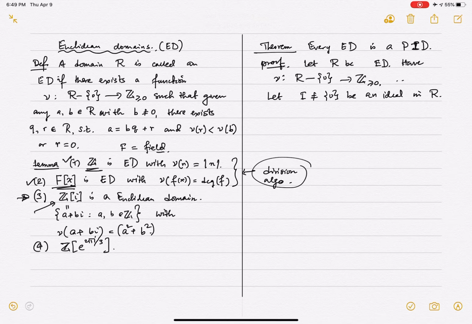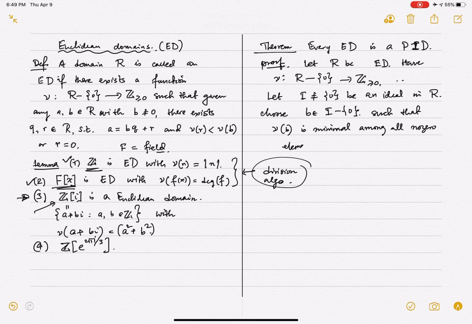So choose B in I minus 0 such that nu of B is minimal among all non-zero elements of I. So look at all the non-zero elements, look at all their nu values and pick one.